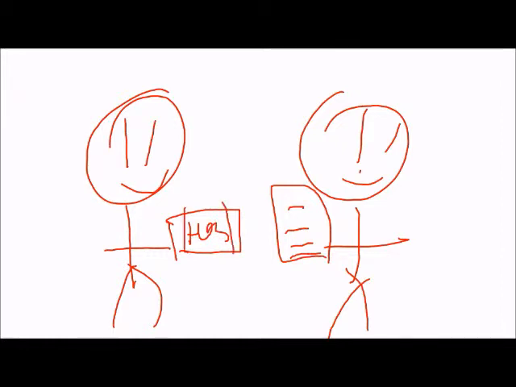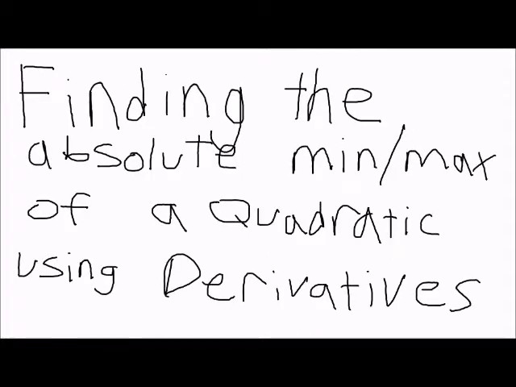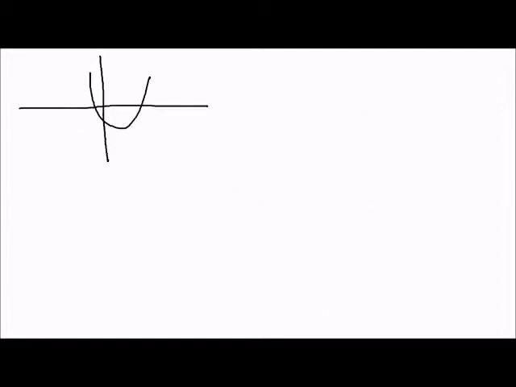And this is what he said to me. So what we're doing in class is finding the absolute min or max of a quadratic using derivatives. There are a few ways you can do this, but I like derivatives. And then I say, hold on. What the heck is a derivative? Suyash, you cannot get through high school without learning about derivatives. When you take the derivative of a function, let's call it f of x, then you get f prime x.